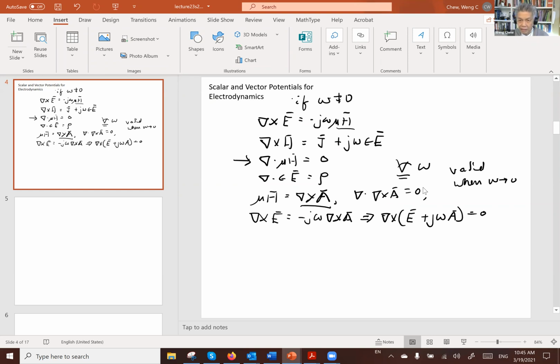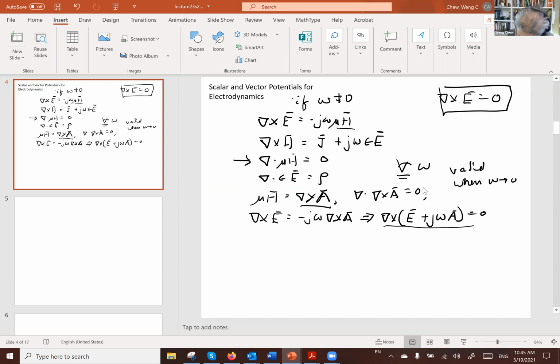Okay, I put the vector potential A to the left-hand side and lump it together with the curl of E on the left-hand side. I have this equation, and this equation is reminiscent of the previous equation that we solved. For electrostatics, we have this equation to solve.